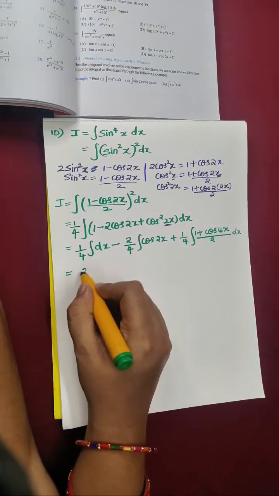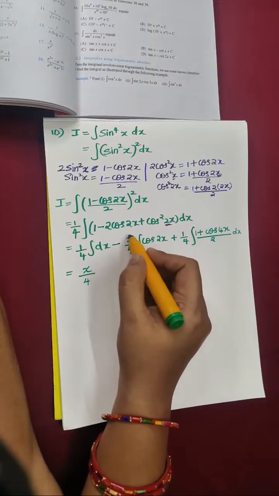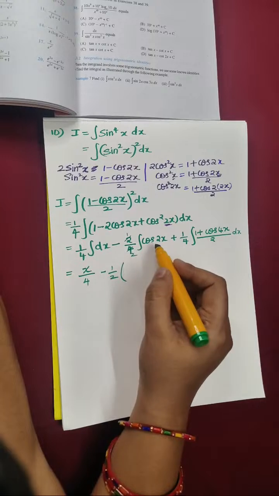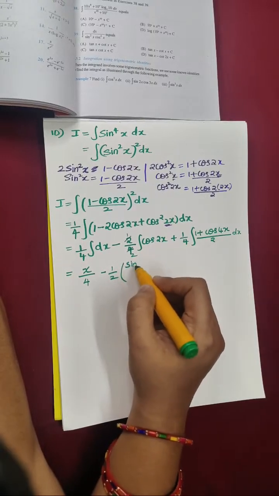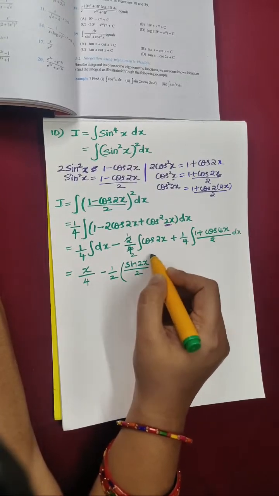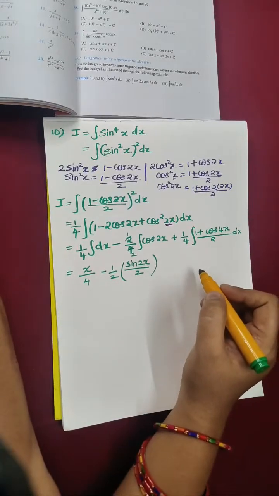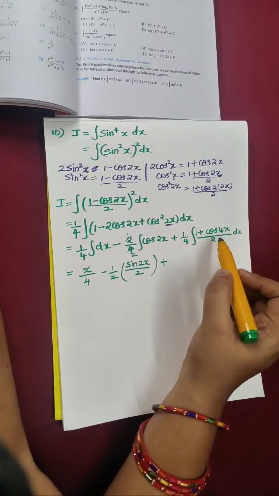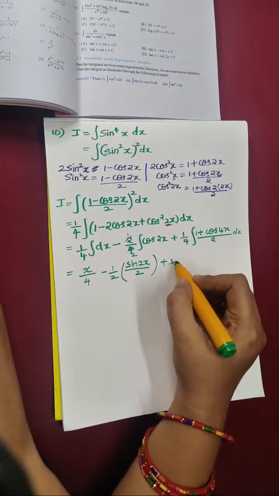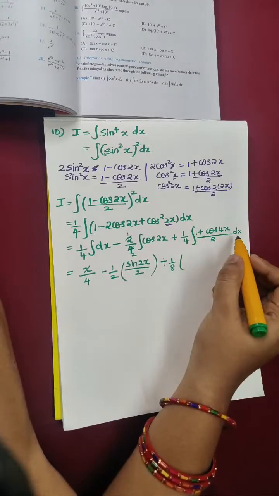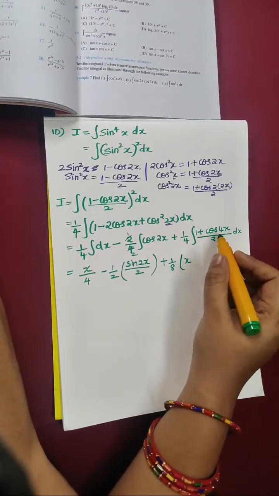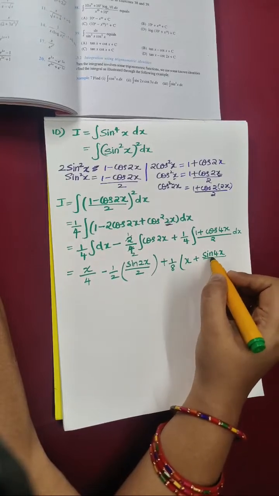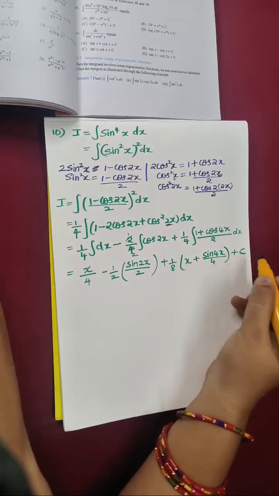Integrating dx is x, and by 4 we have, and here this gets cancelled, so we have 1 by 2. Integral of cos is sine and the coefficient of x is 2, so we write it as sine 2x by 2 plus, here we have replaced the formula and taken this 2 outside, so we have 1 by 8. Integral of dx is x, integral of cos is sine and the coefficient of x is 4 here, plus c.